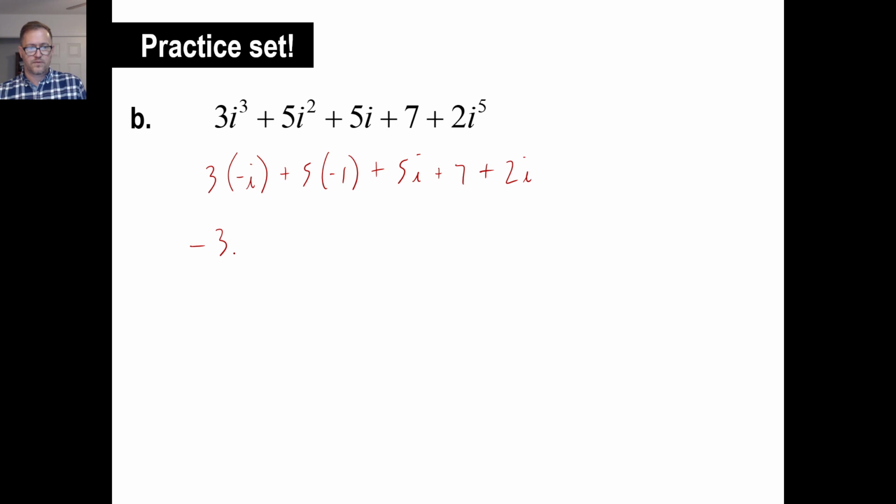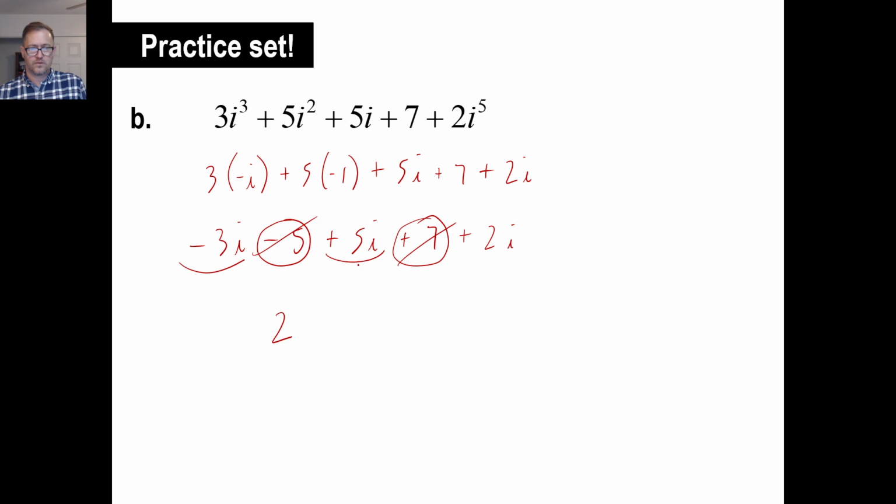So negative 3i minus 5 plus 5i plus 7 plus 2i. Okay, so real numbers first. Negative 5 plus 7 is 2. I got a negative 3i. I got a 5i. That's a 2i. 2i plus 2i is 4i.